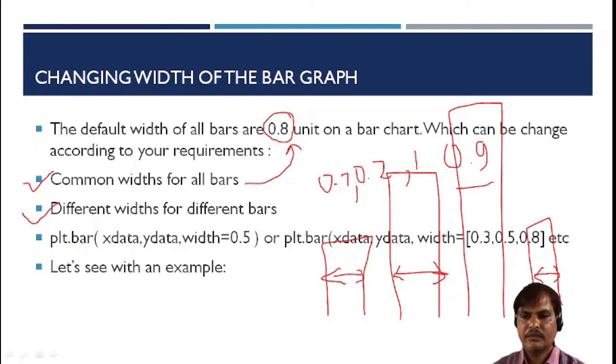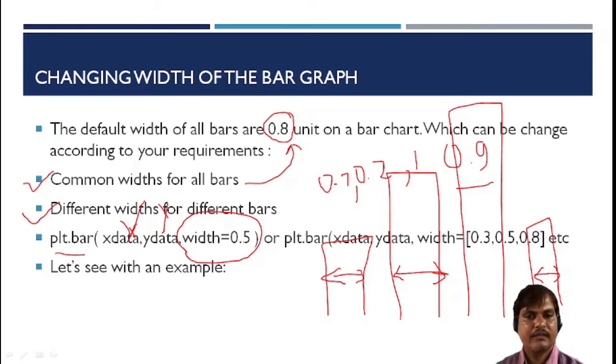So for this we will use the same thing, the plt.bar function, all the same libraries, the matplotlib library, .pyplot, and if you are using a data frame you can go for the pandas library, and numpy also can be used. And here one of the most important keywords which we are going to use is called width.